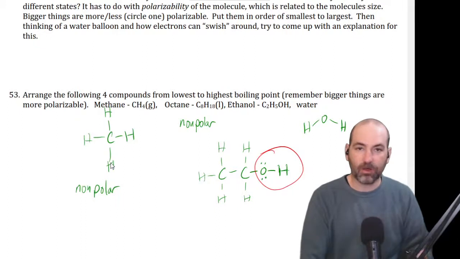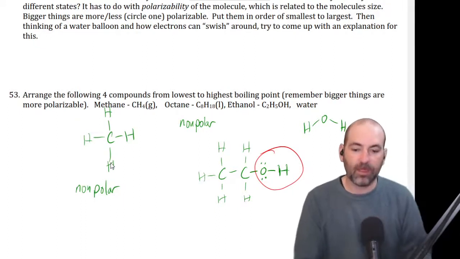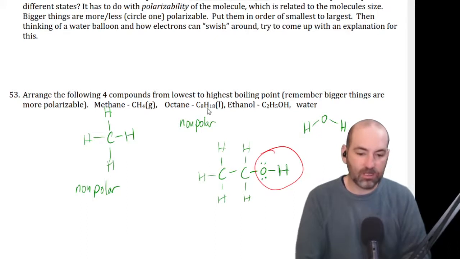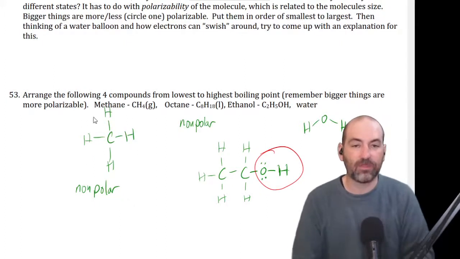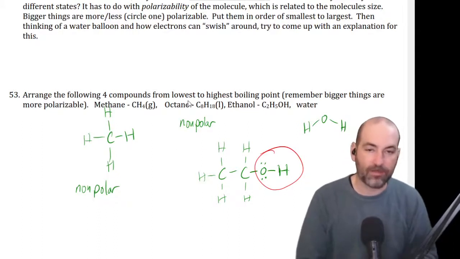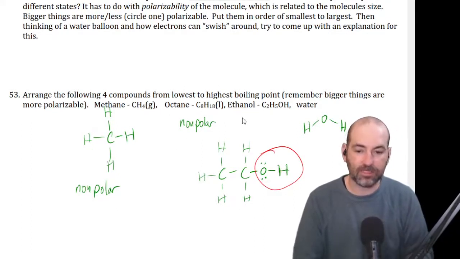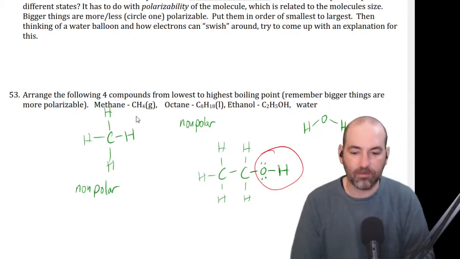It's nonpolar and it's very, very small. Octane, C8H18, is also nonpolar, but it's much, much bigger. And so this is definitely going to have a higher boiling point than methane. Not sure about these other ones yet, but definitely higher than methane. So all of these compounds would have a higher boiling point than methane.